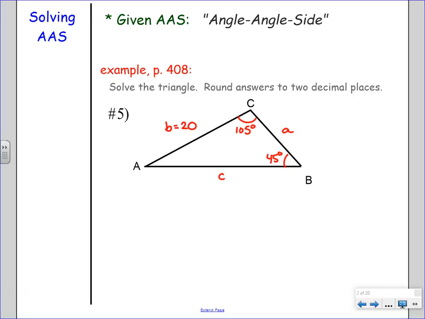How are you setting it up? What do you think? Little a on top or sine of big A on top? Well, actually, hold on. Big A is missing. But just say, hey, geometry property: all angles in a triangle add up to 180. So 180 minus 105 minus 45, maybe easier, 180 minus 150. 30. Okay, sweet.